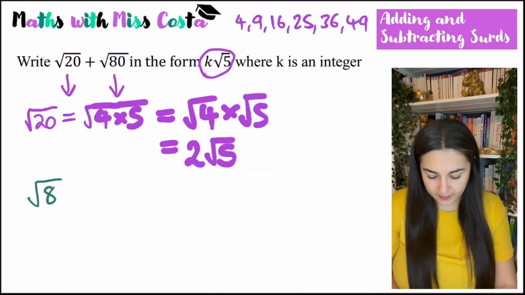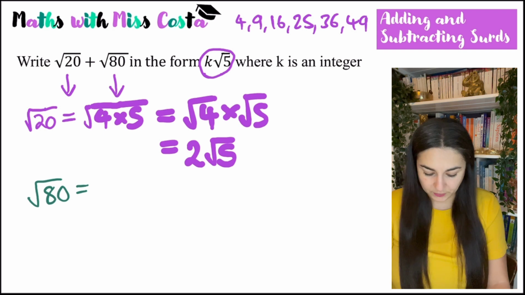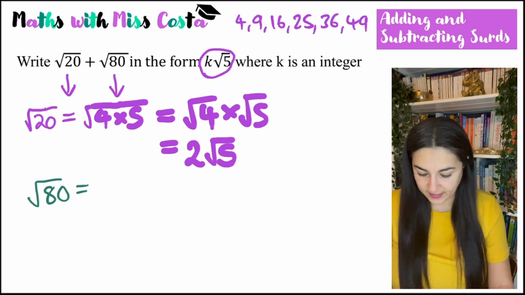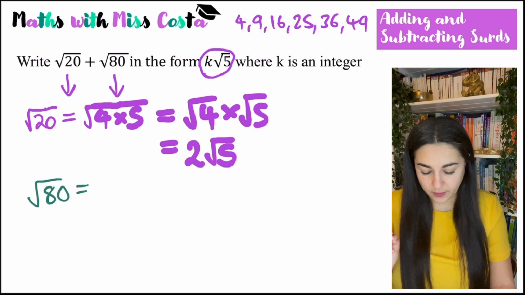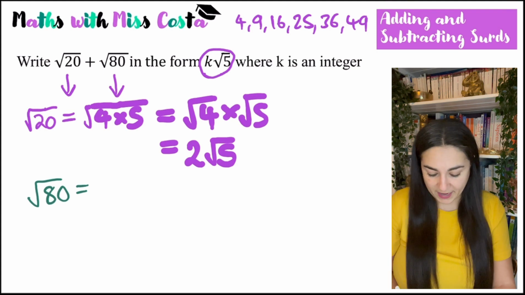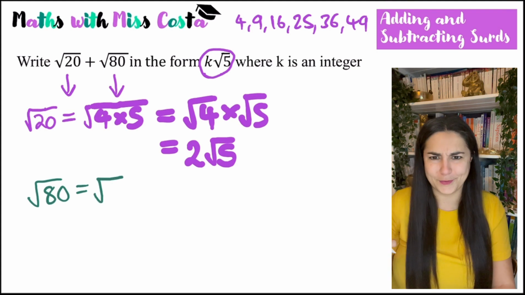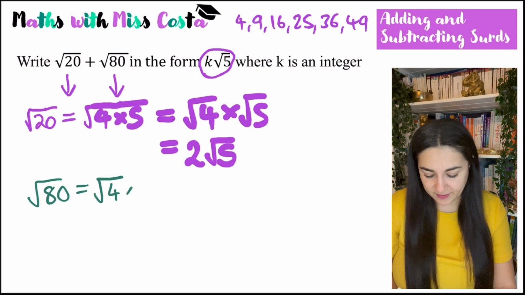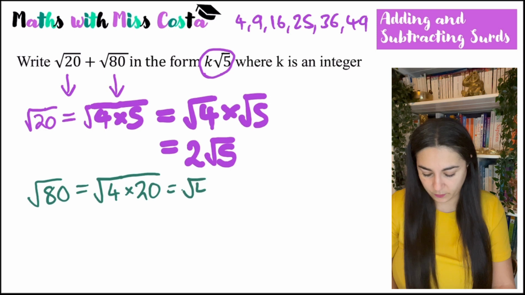So the square root of 80 can be written as, what's the largest square number that can fit into 80? Well, we can do this two ways actually. So I'll show you, if you can't find the highest square number, how you could do it. So let's split that into 4 times 20, which is the same as root 4 times root 20, which would give you 2 root 20.